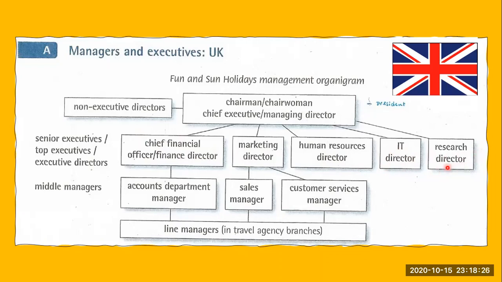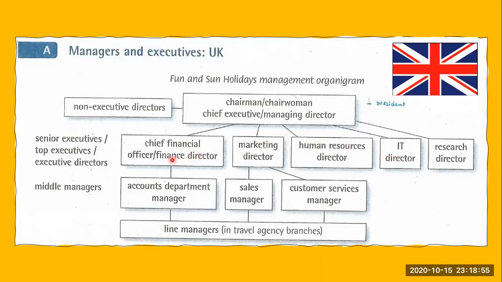Do you have any idea what the meaning of IT is? In case you don't know, it is information and technologies, which is a very important department right now all around the world. So pay attention: IT, both capital letters, is the abbreviation for information and technologies.